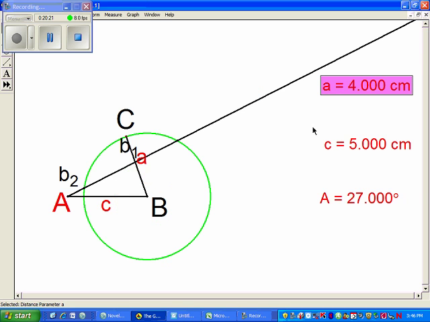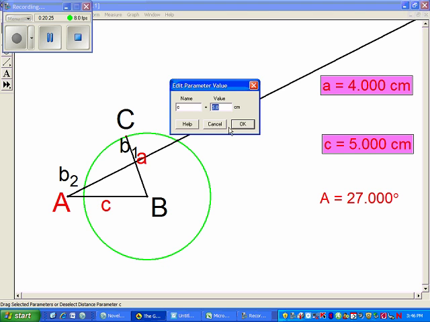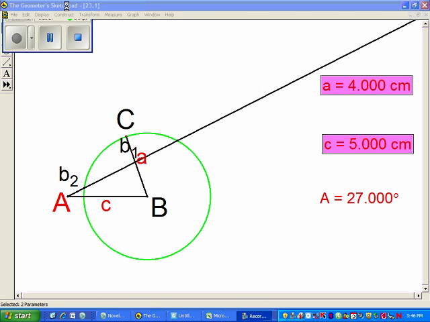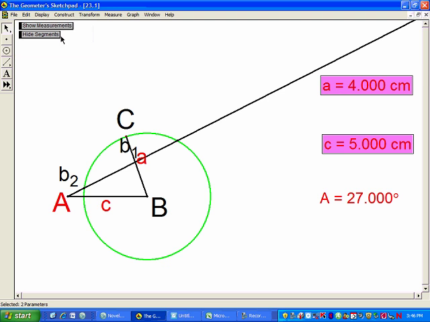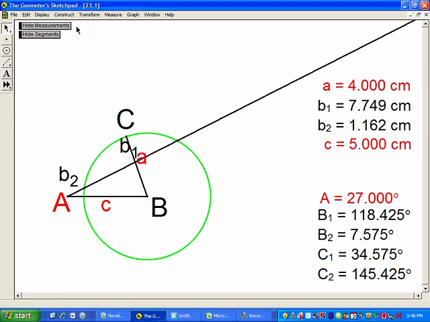They're not going to be labeled X and Y and Z for you. And this other given side was 5, okay? Now watch what you'll do when you use this yourself. After you plug those in, you'll push Show Measurement. They got 1.162, where we got 1.161. 7.749, was that right? 118.425 for the first triangle for B. The second triangle for B is 7.575. Yep, we got all these. So you'll use that yourself, okay?